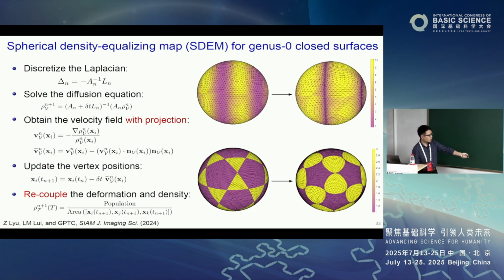In each iteration, towards the end, we will redefine the density as the population divided by the current area of the triangle. So we use the information of the density to do one step of descent, then we update all these things, and then we recompute a new density. This is something different from the previous approach.